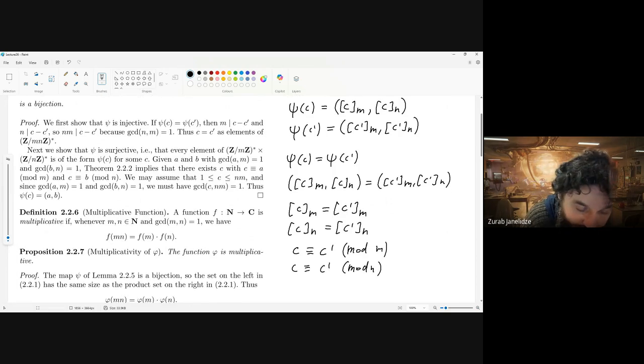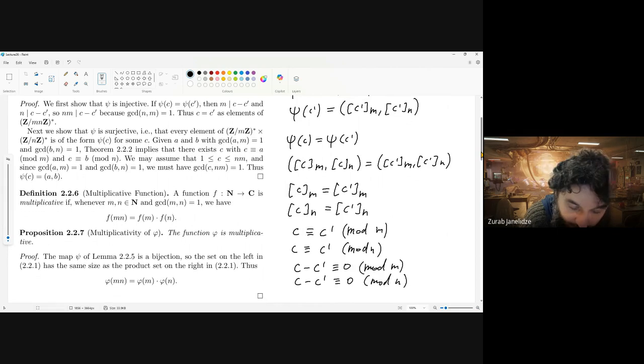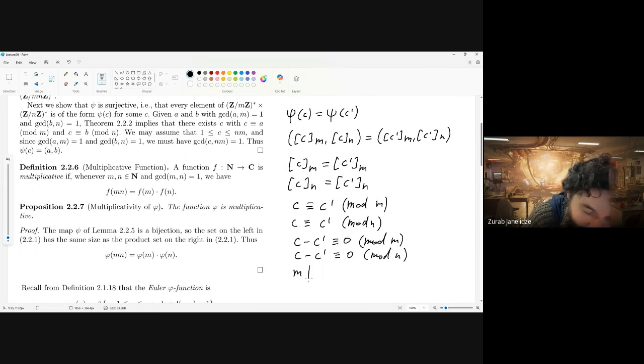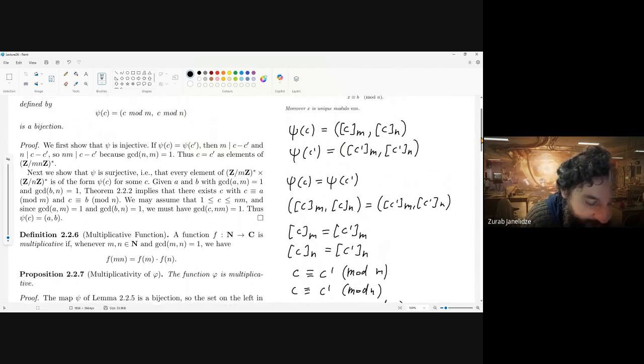And that in turn gives us that c minus c prime is the same as 0 modulo m, and c minus c prime is also the same as 0 modulo n, which in turn gives us that m divides c minus c prime, and n divides c minus c prime. And that's exactly what we were claiming here.